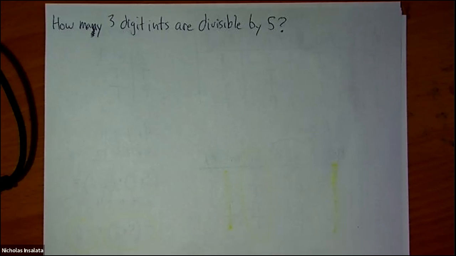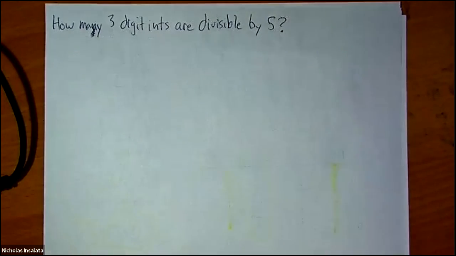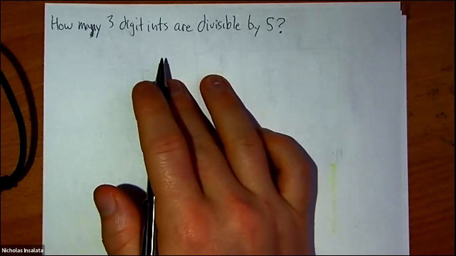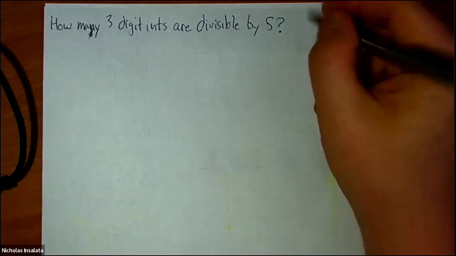No, 180, because we want 9 increments of that, not 8. We're going to have 100 through 199, 200 through 299, etc. How many of those will there be? The 100s, 200s, 3, 4, 5, 6, 7, 8, 9. So there'll be 9 groups of those numbers, and there's 20 in each increment. Okay, so that makes sense. 180.